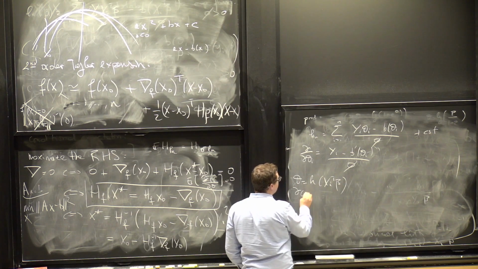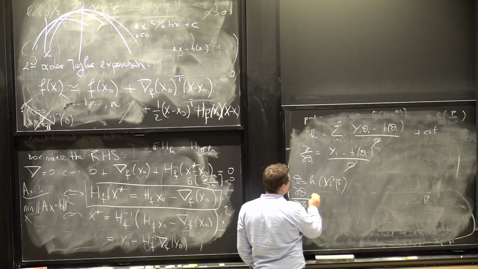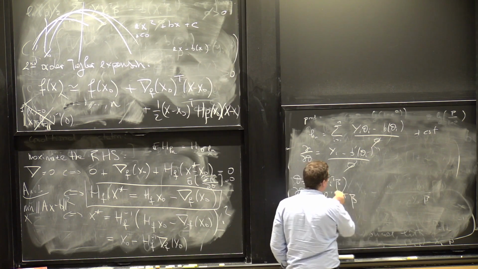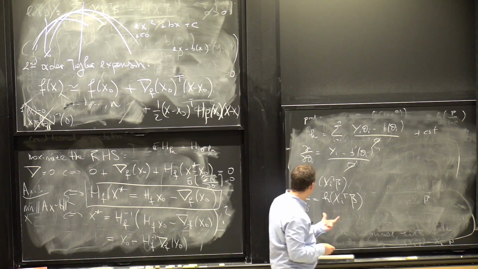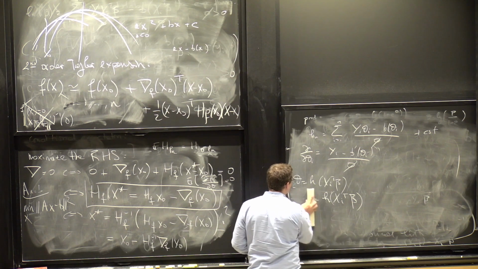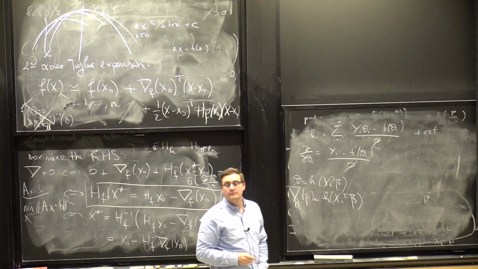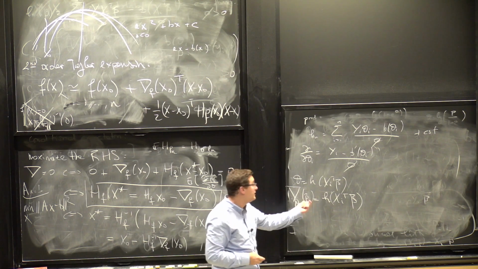So the derivative of theta i with respect to beta j is equal to h prime of xi transpose beta. And then I have the derivative of this. Actually, let me just do the gradient of theta i at beta. That's what we did. I'm just thinking of theta i as being a function of beta.